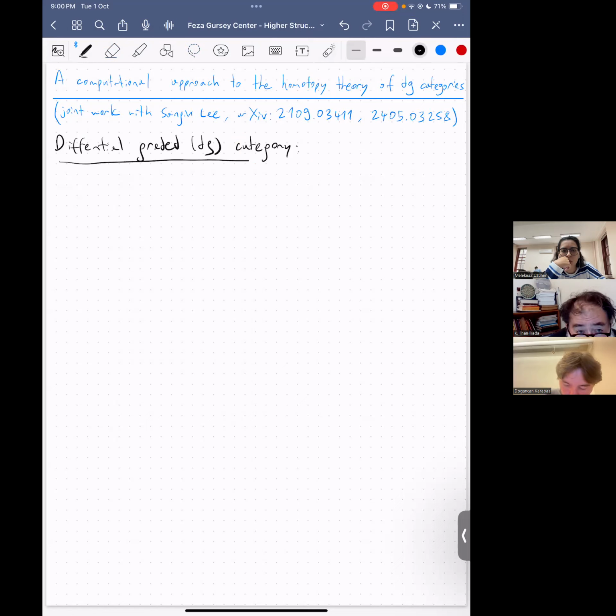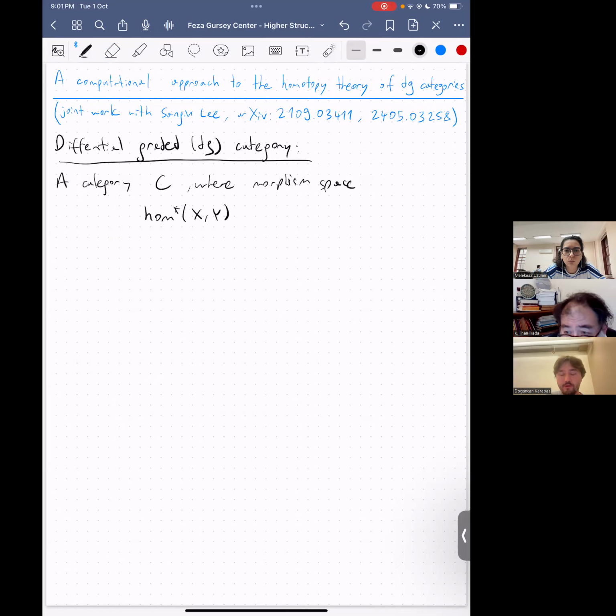It is a category, C, where the morphism space between two objects is not just a set, but it is a chain complex of K-modules.